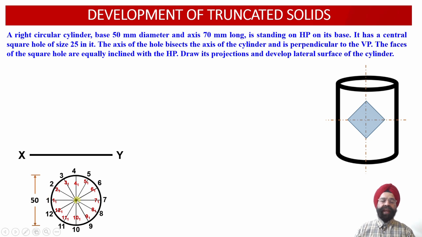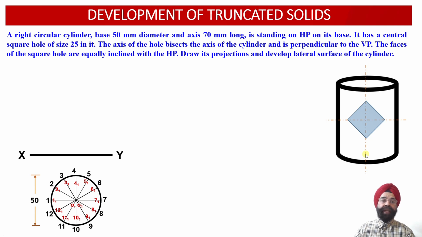The axis of the cylinder is O and O1, so these 2 points we have marked into the top view projection. Point O refers to the axis point corresponding to the top face of the cylinder, while point O1 is the axis point at the base of the cylinder.